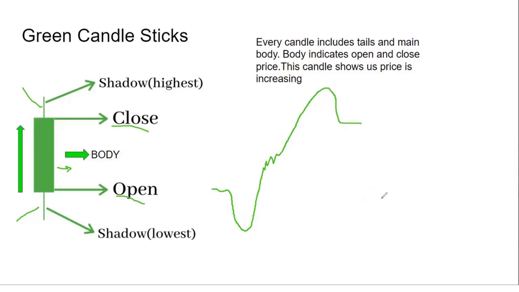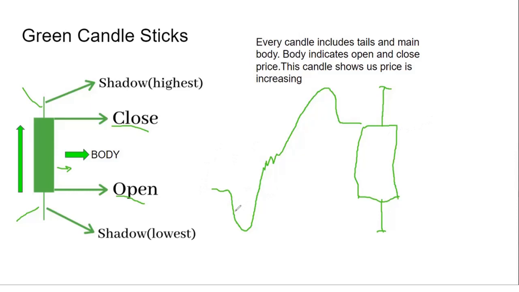As you can see, guys, here is the tail, here is the lowest price, here is another tail with the highest price, and here is the body. Candlesticks work like this.